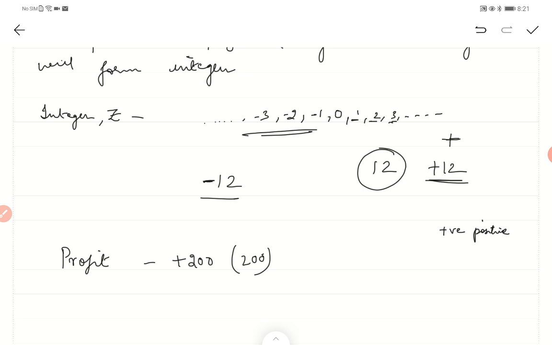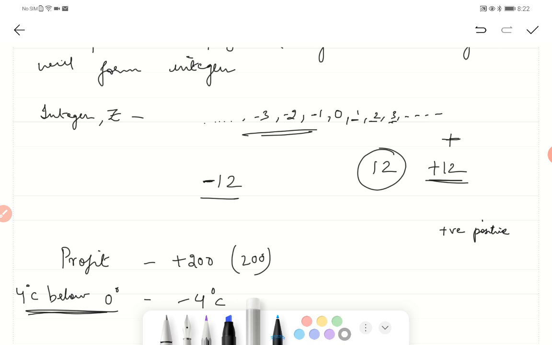And if I say the temperature is 4 degrees centigrade below 0, somewhere it has a temperature which is below 0 degrees. What does this mean? It is -4 degrees.